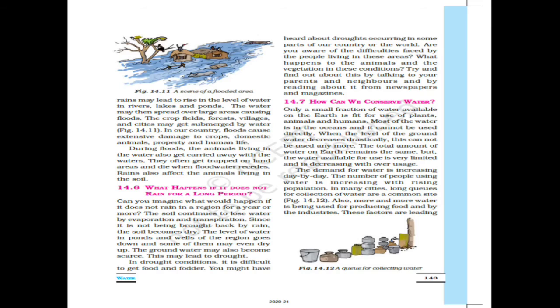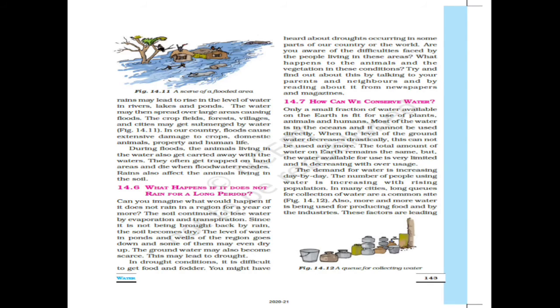Because of flood, many of the villages get submerged into water, and also many human beings die in that flood. During floods, the animals living in the water also get carried away with the water. They often get trapped on land areas and die when flood water recedes. Rains also affect the animals living in the soil.